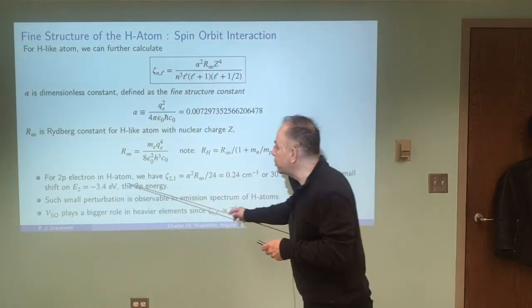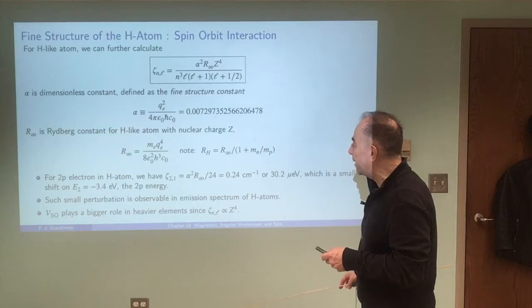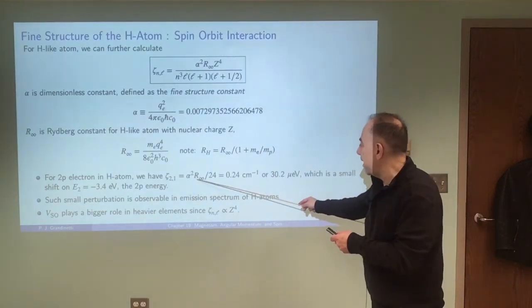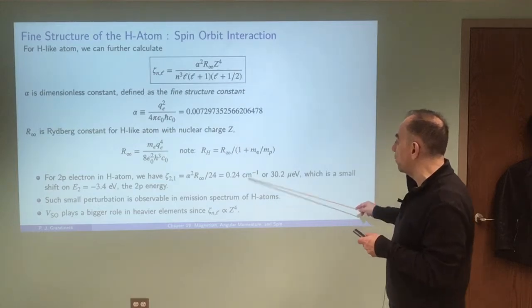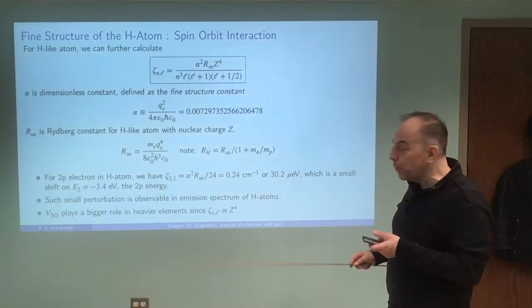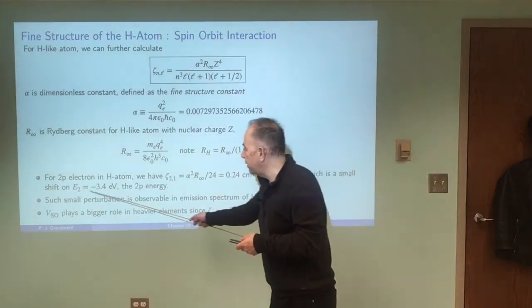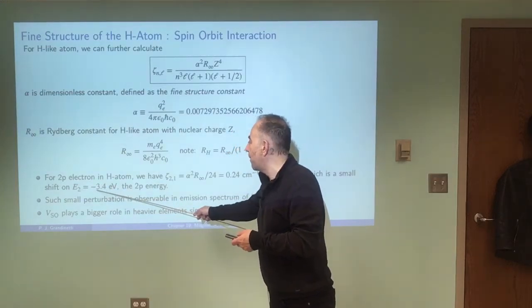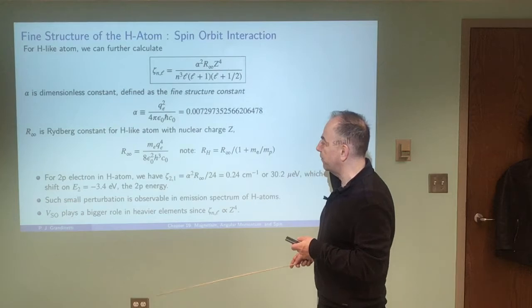So for a 2p electron in a hydrogen atom, you can calculate the size of this, and you find that it equals about 0.24 inverse centimeters, or about 30.2 micro electron volts. Well, that's a pretty small shift on the p electron's energy level, which is about minus 3.4 electron volts.